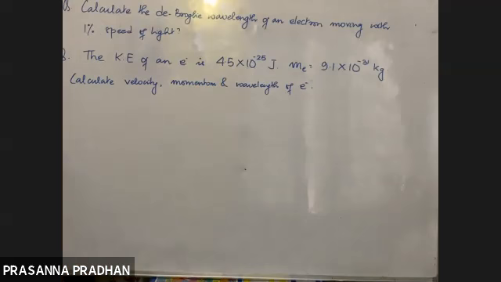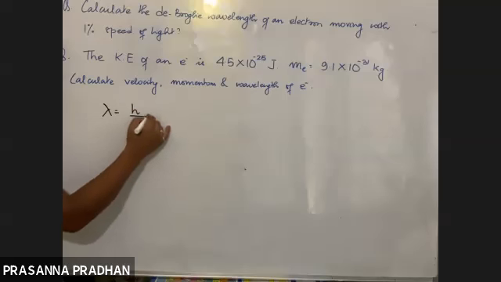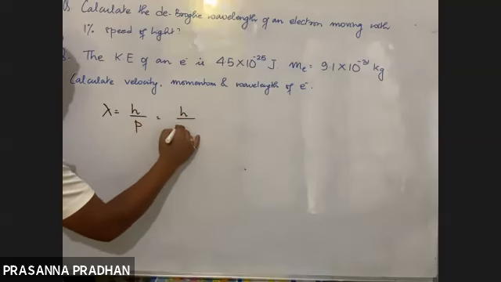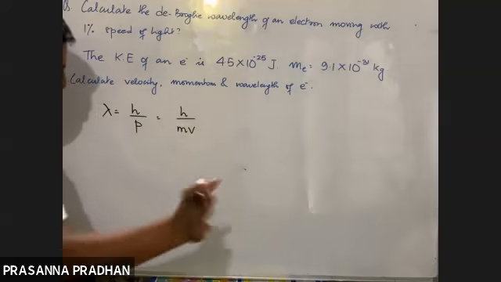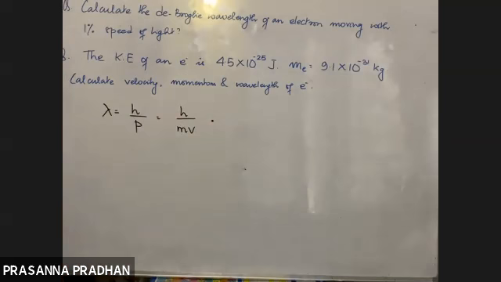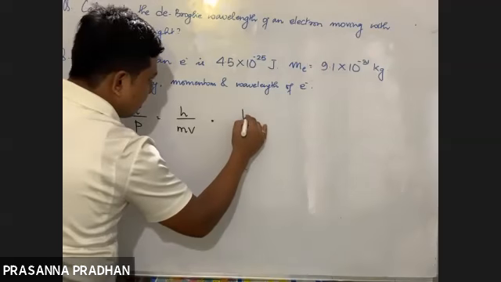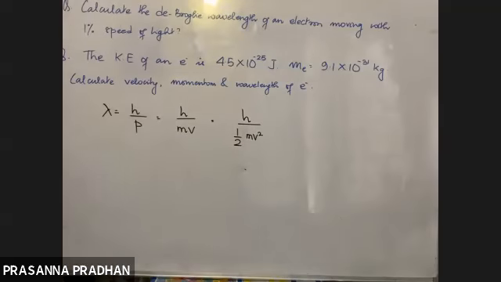Now, we know lambda is equal to h by p. And what is p? p is m into v. So, मैंने v लिख दिया यहाँ पर. Now, what is the formula of kinetic energy? Half mv square. So how do I modify this equation?